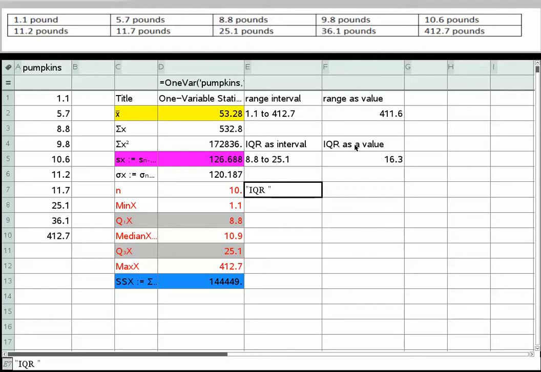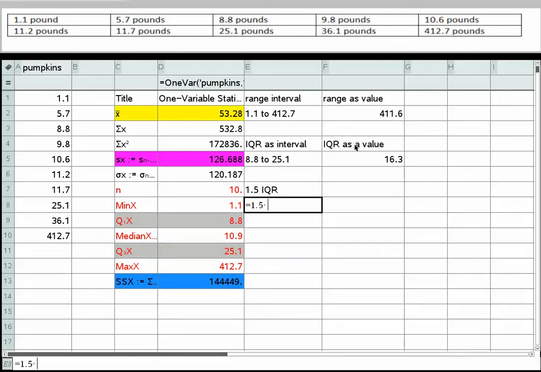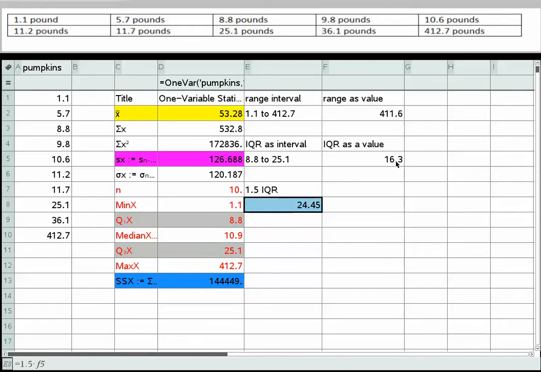We really just need to know what the numbers are that we're going to use, and we'll spend some time on Thursday fixing what's broken about the quiz and maybe doing some stuff with fences, but we'll see how the quizzes go. So if I want to know what 1.5 IQR is, I take this 1.5 and I multiply by 16.3.